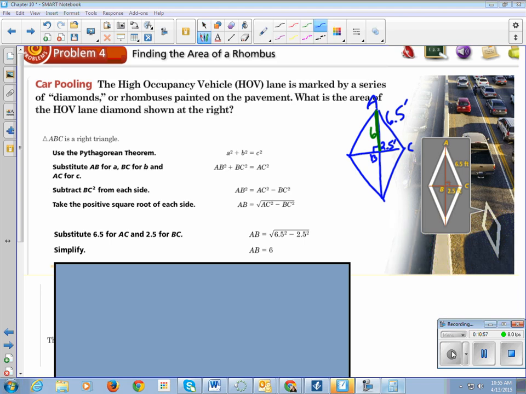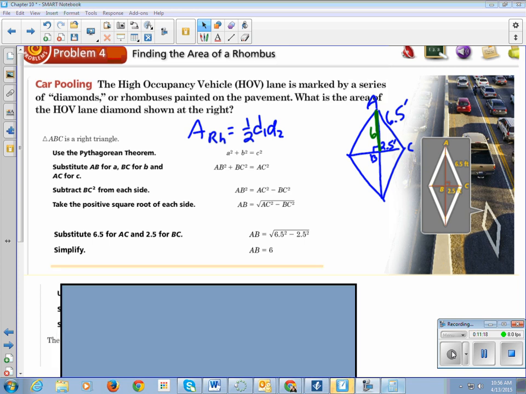So the million-dollar question is, what is the formula for the area of a rhombus? And it's the same as a kite. So our goal right here is we're finding the diagonals. We already know that the diagonal here is 2.5 plus 2.5, which is going to be 5.